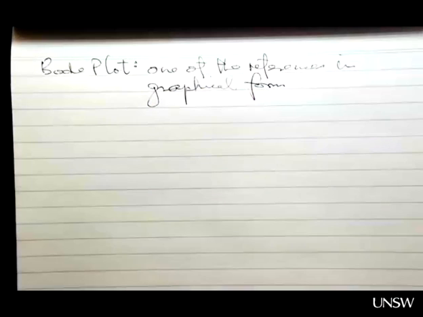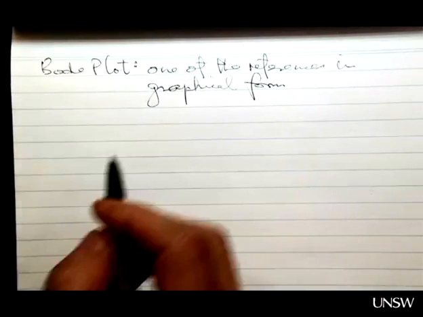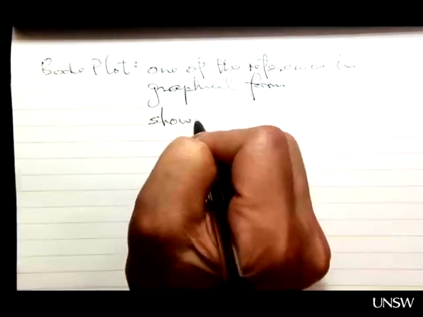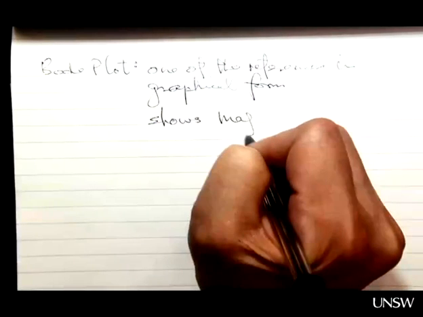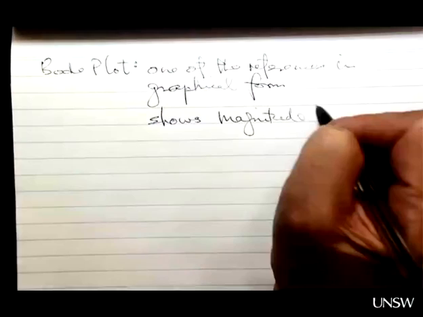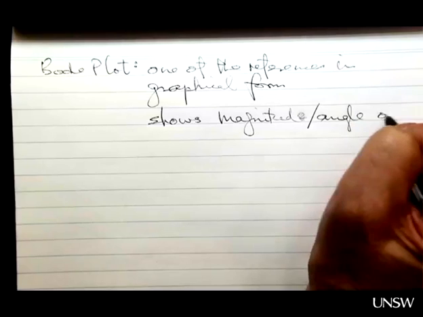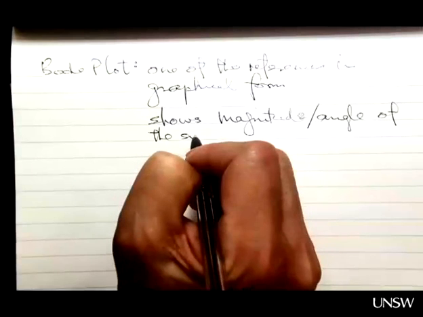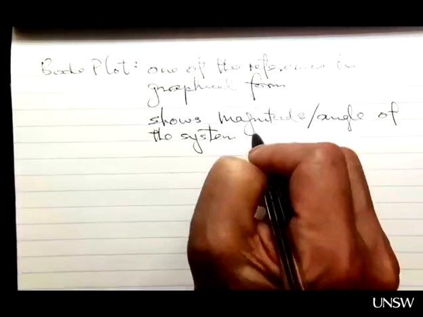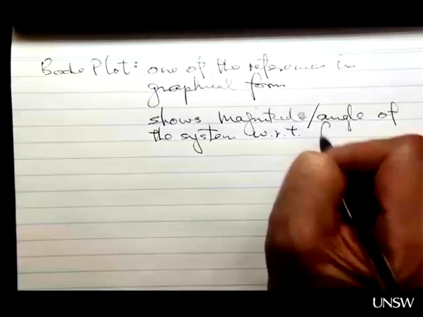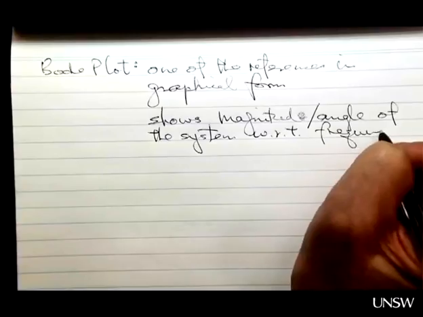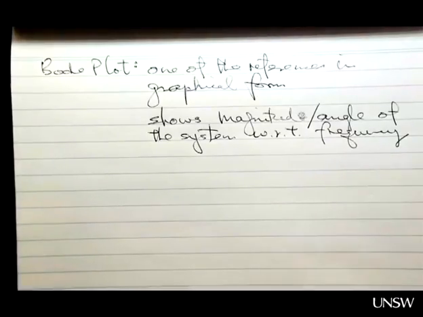It shows the magnitude or the angle of the system with respect to frequency. Then we look at how to obtain the Bode plot.